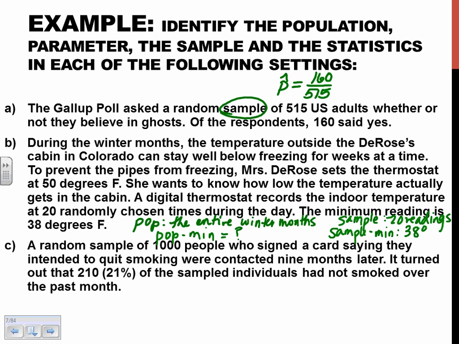Okay, C. A random sample of 1,000 people who signed a card saying they intended to quit smoking were contacted 9 months later. It turned out that 210, which is 21% of the sampled individuals, had not smoked over the past month. All right, so what would your population be?